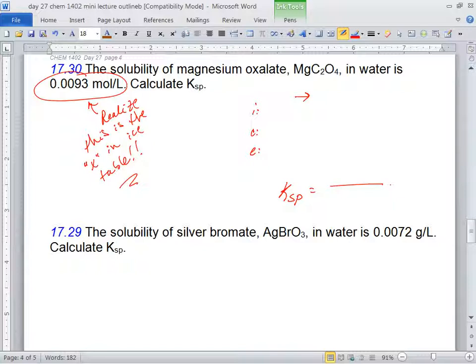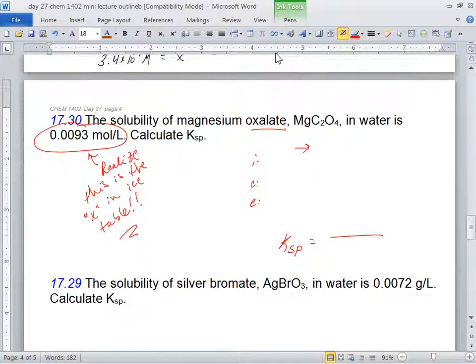Oh, this is an uncommon ion. I can see the confusion. Oxalate is C2O4 with a what charge? -2. And I know that because magnesium has a +2. Good. So that goes into oxalate and magnesium.